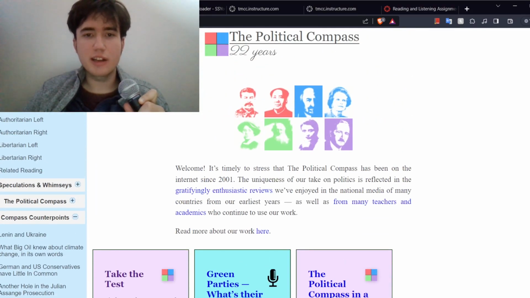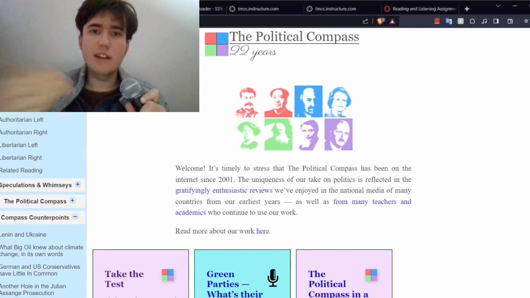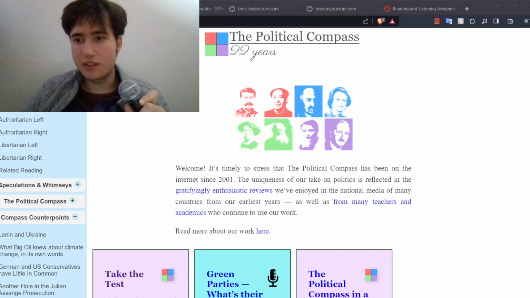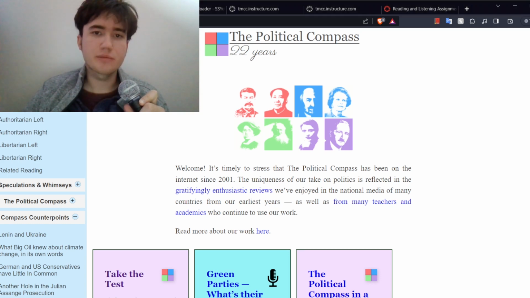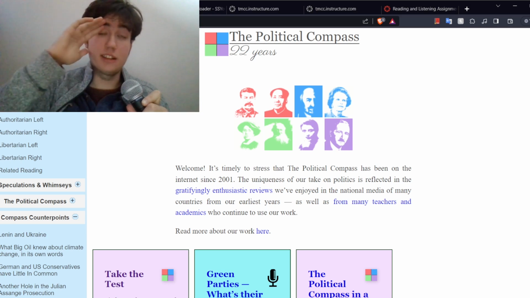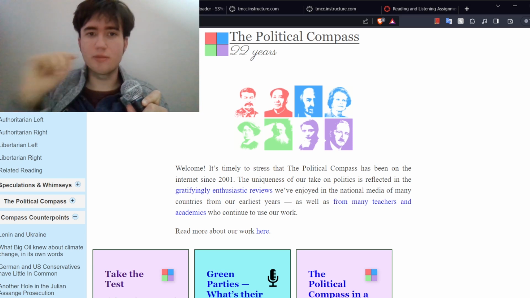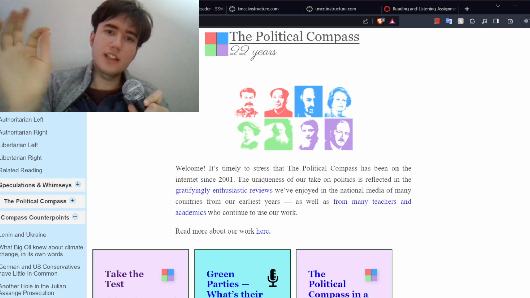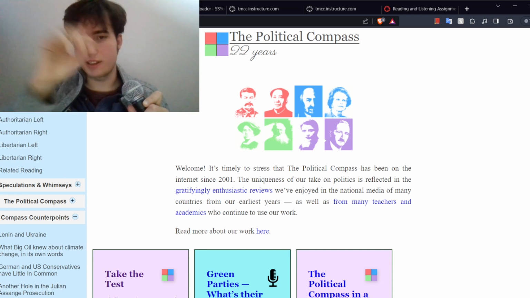So the Myers-Briggs personality test is basically you tell us a bunch of stuff about yourself, and then we'll tell you that same information back to you, but just in a different format. And so with this one, it's like we'll tell you what quadrant and what coordinate you are on the quadrants of politics.